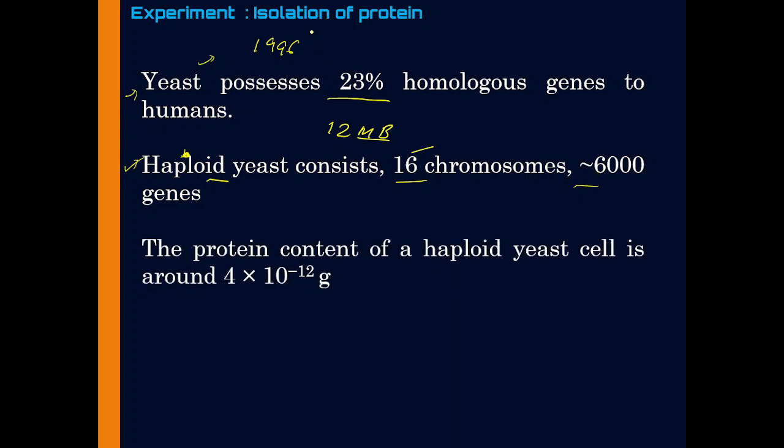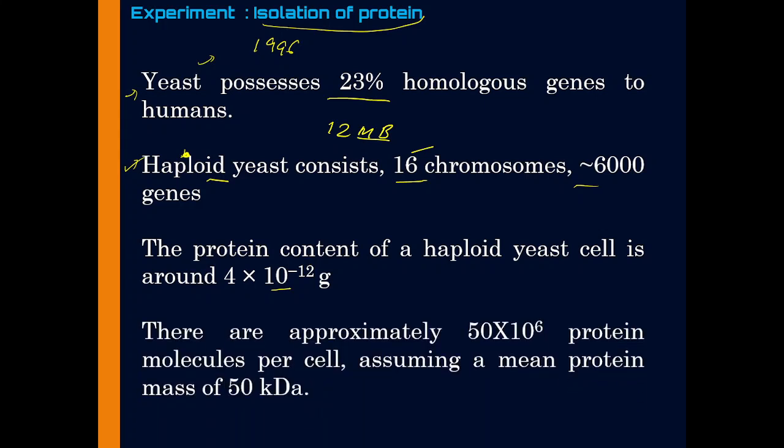Because our idea here is the protein part, if you look at the total protein amount, it is roughly in the femtograms, because we are talking about a single cell. In terms of the number of molecules, one estimation is roughly 10 to the power 6 protein molecules per cell.